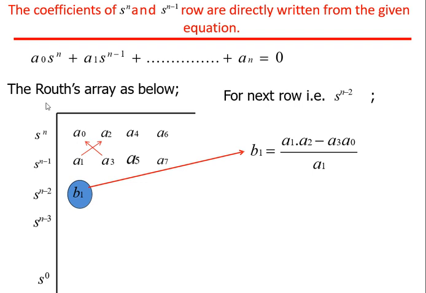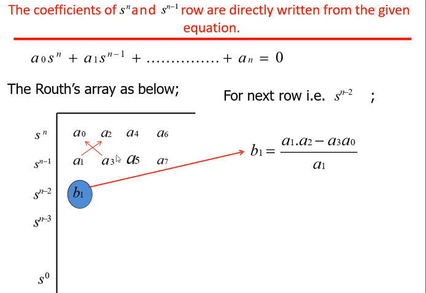Here the coefficients are named as even coefficients, that is a0, a2, a4, a6, and these are written in the first row, that is s raised to n. In the second row, that is s raised to n minus 1, odd coefficients are written, that is a1, a3, a5, a7.